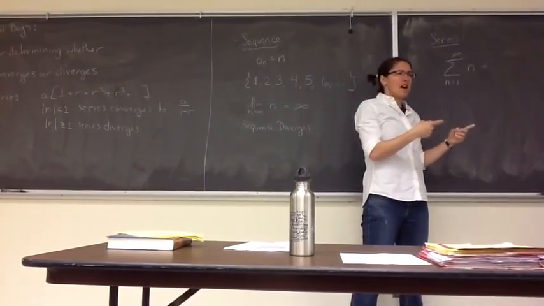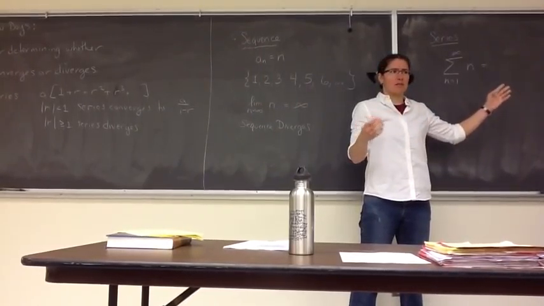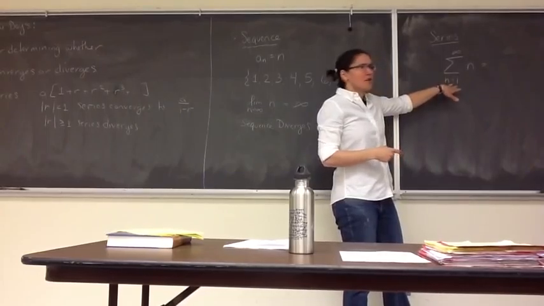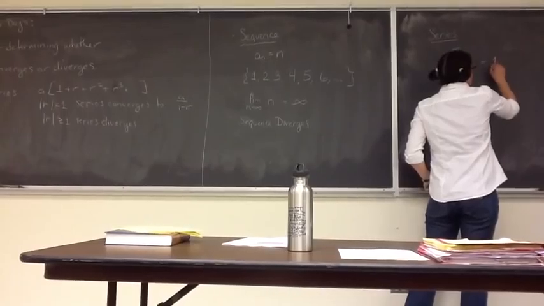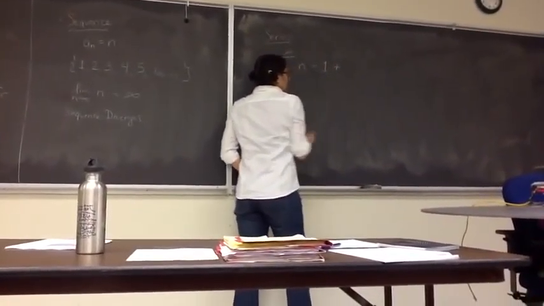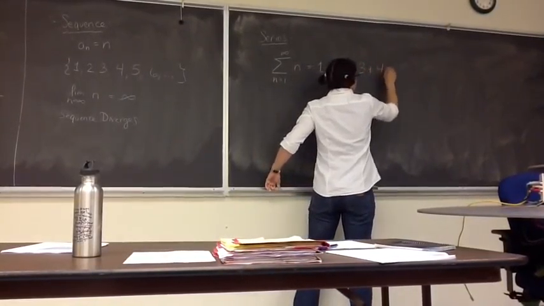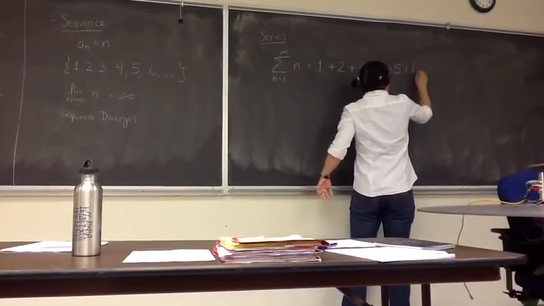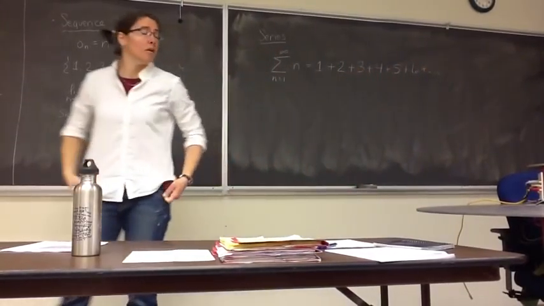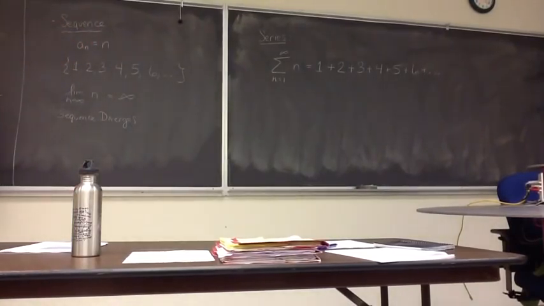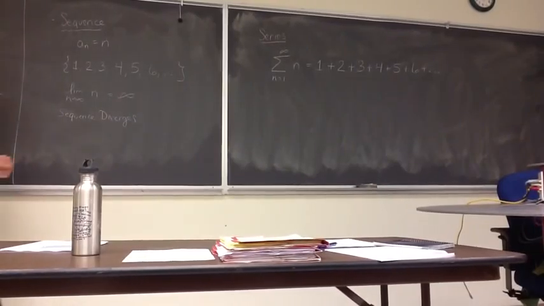The reason we used the i's with the geometric series is because we had that whole discussion about partial sums, and the partial sum as n went to infinity. But here we're just going to start using n's. So n goes from 1 to infinity of n means my first term is 1, then my second term is 2, plus 3, plus 4, plus 5, plus 6, plus dot, dot, dot. So now we are adding up an infinite number of terms.